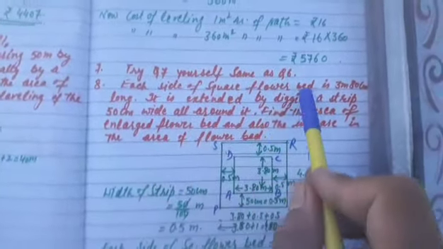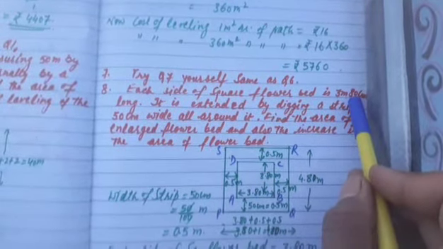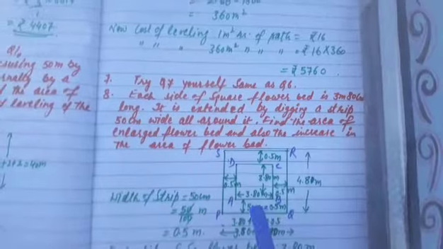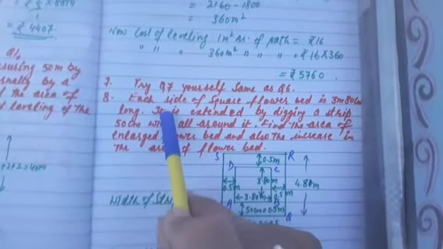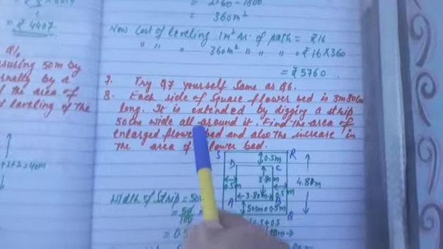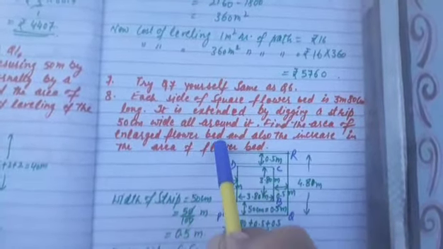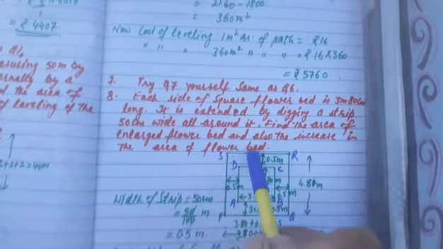Each side of a square flower bed is 3 meter and 80 centimeter long. It is extended by digging a strip 50 centimeter wide all around it. Find the area of the enlarged flower bed and also the increase in the area of the flower bed.